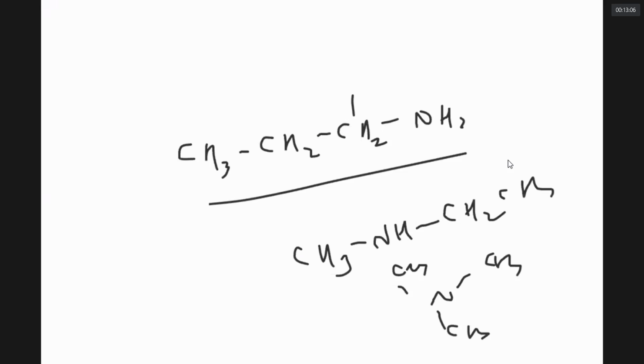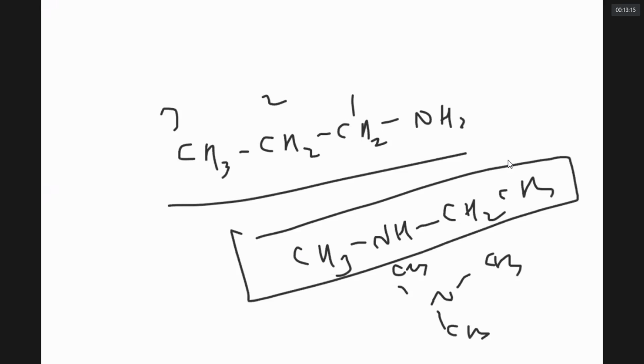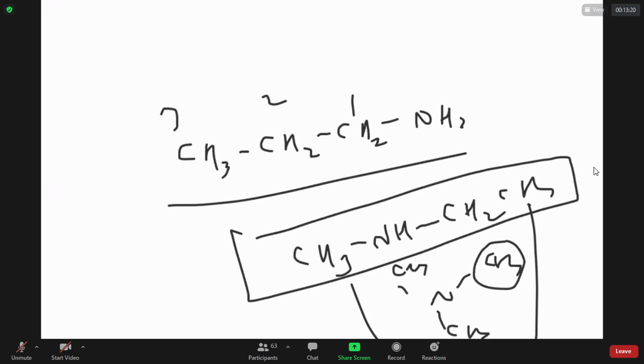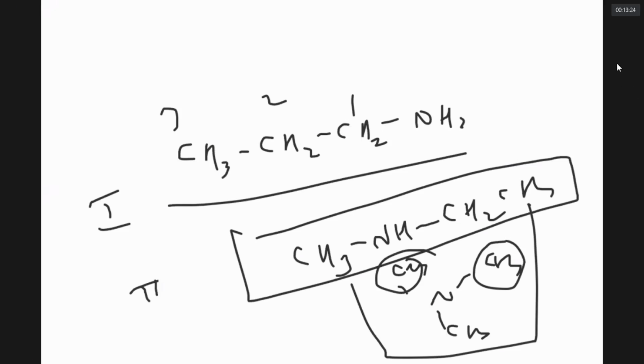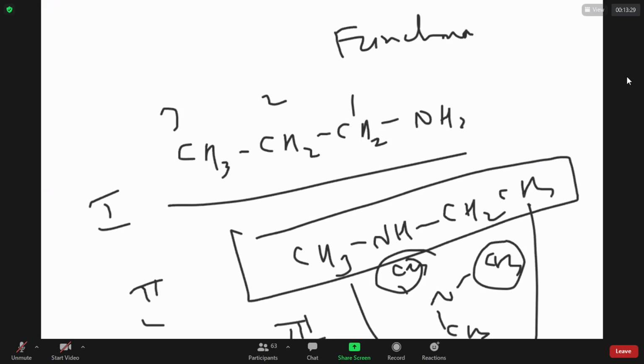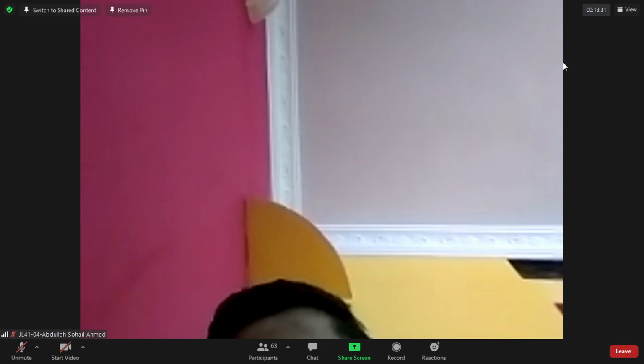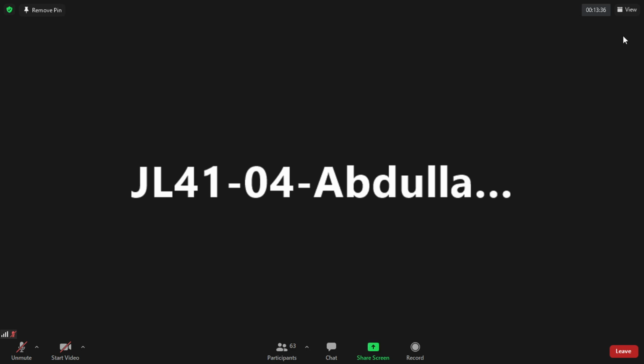IUPAC name of primary amine in this case is propan-1-amine. IUPAC name of this compound is N-methylethanamine. IUPAC name of this compound is N,N-dimethylmethanamine. All these 3, 1, 2 and 3 are functional isomers. Primary, secondary, tertiary amines are functional isomers.